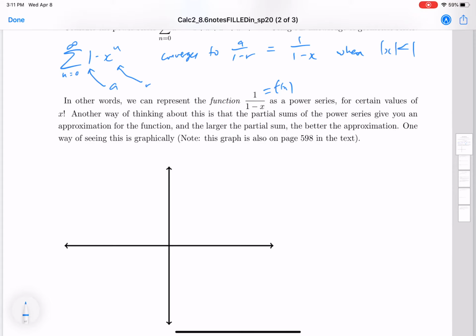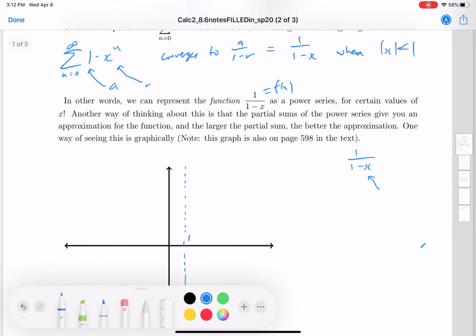I'm going to jump back and forth between this picture here and Desmos. So the first thing is if I graph 1 over 1 minus x, that has a vertical asymptote here at +1, because that's when we'd be getting 1 divided by 0. So that's at 1. And the graph of this, maybe I'll graph it in red.